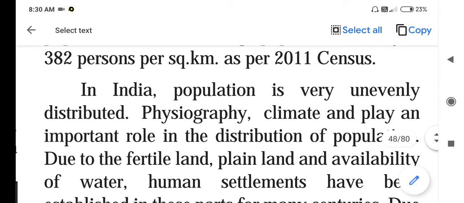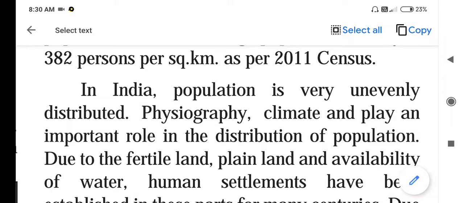Now see, in India population is not evenly distributed, meaning everywhere 382 people are not found per square kilometer. Per square kilometer means what?